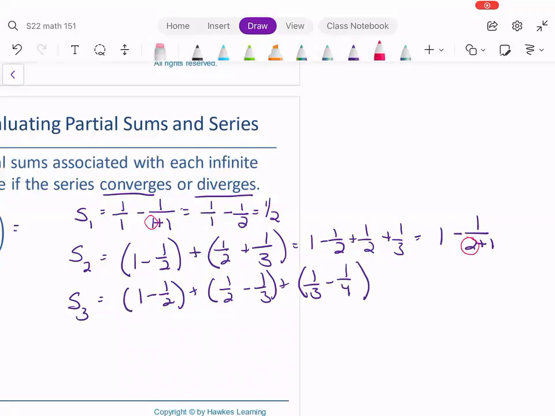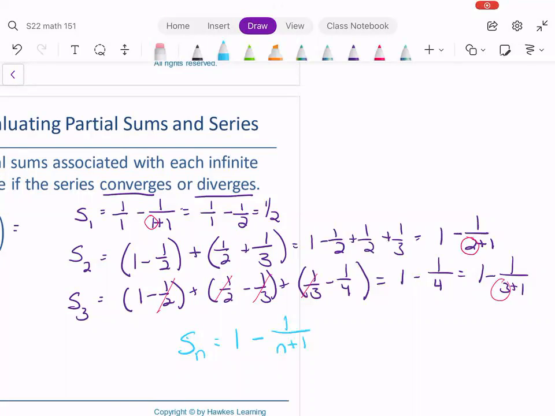And what you'll hopefully start to see is these terms are going to cancel, and we end up with 1 minus 1 over 4, or we can think of it as 1 minus 1 over 3 plus 1. And hopefully you'll start to see the pattern there, that we can write this series S sub n as 1 minus 1 over n plus 1.